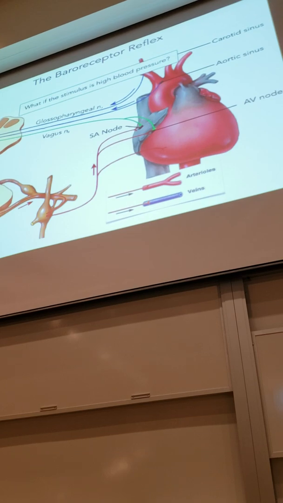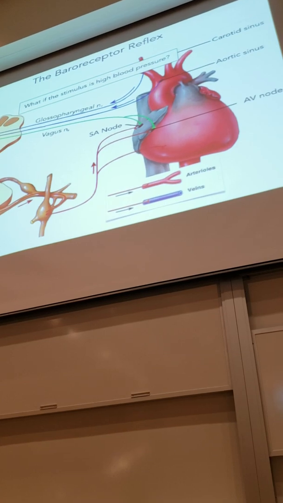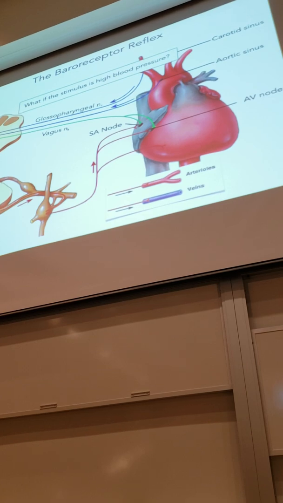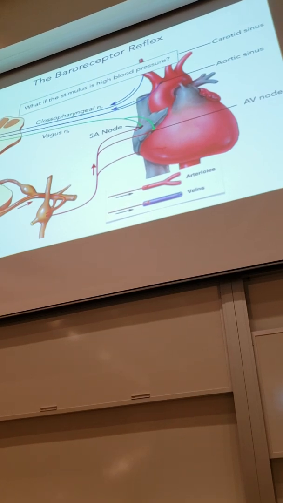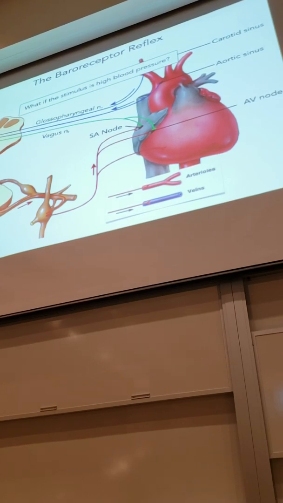Yes, norepinephrine will bind to alpha-1 or beta-1. For our purposes, let's assume that norepinephrine and epinephrine can bind all adrenergic receptors. They do have their own specificities, like beta-2 is more sensitive to epinephrine than norepinephrine, but for our purposes, we're not going to worry about that.